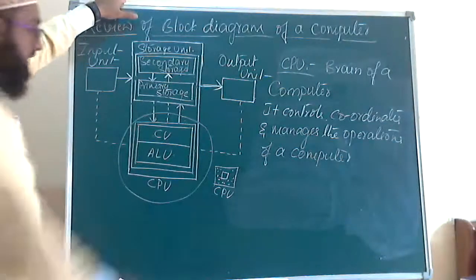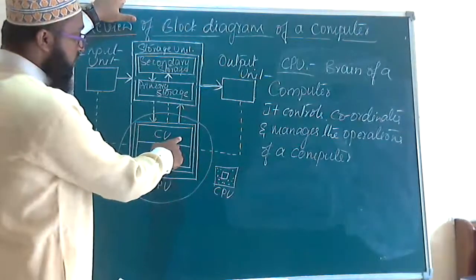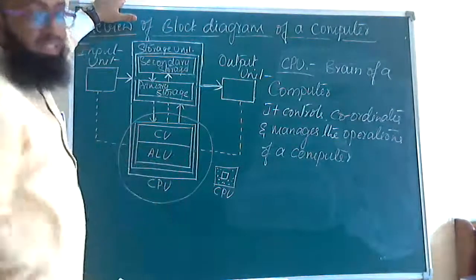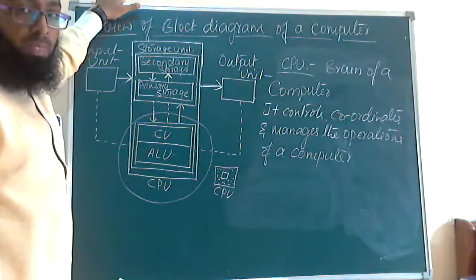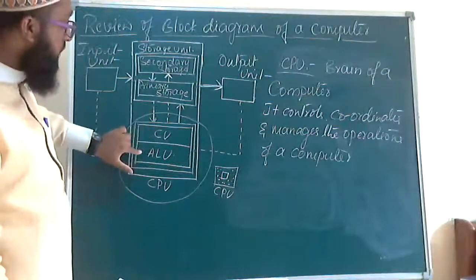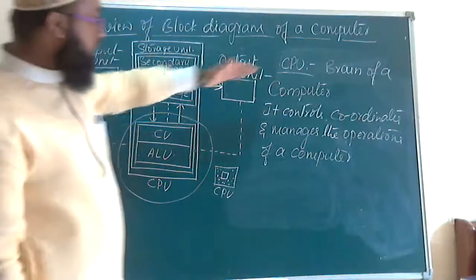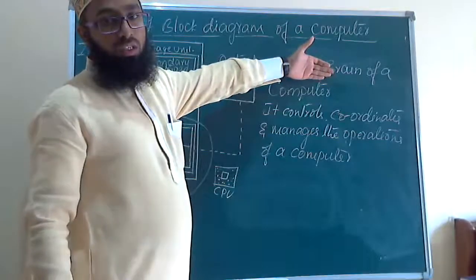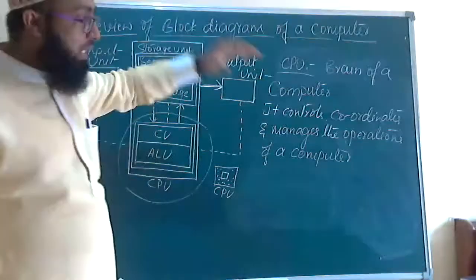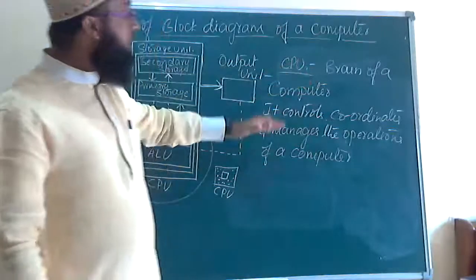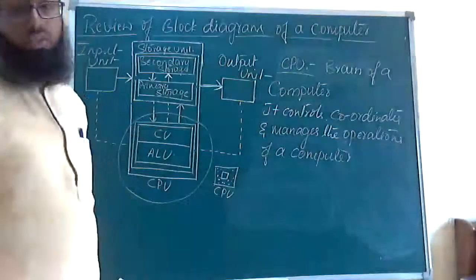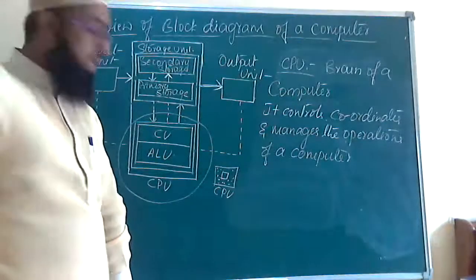This CPU includes the CU, ALU, and registers. According to your thinking, it's the brain of the computer, but it controls, coordinates, and manages the operations of a computer.